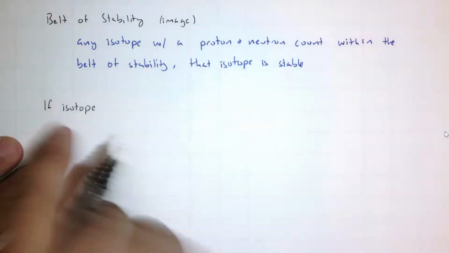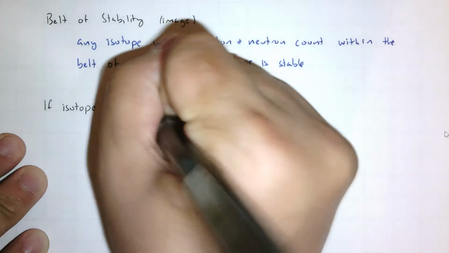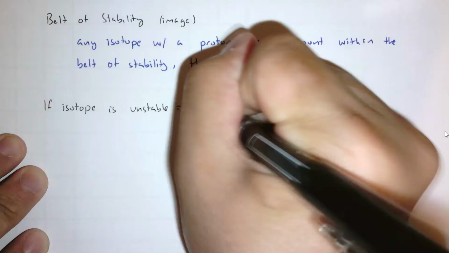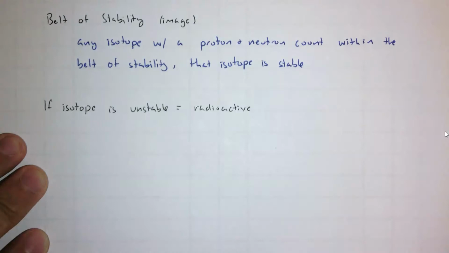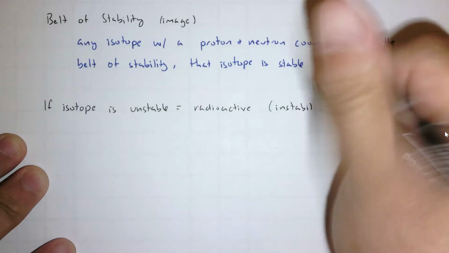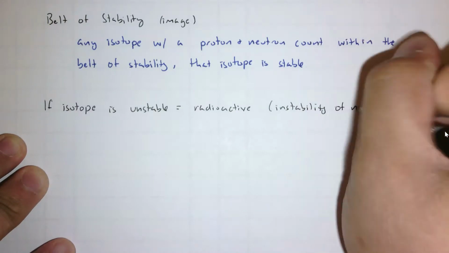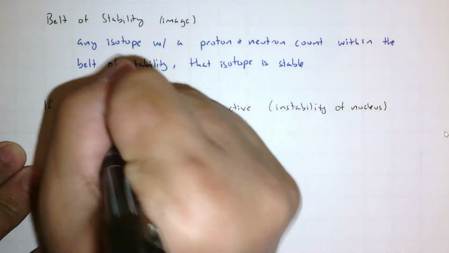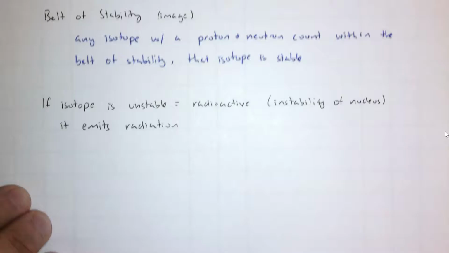But let's not worry about half-life. If an isotope is unstable, and for now we're going to make that synonymous with radioactive, there's instability in the nucleus. It's going to emit radiation. Let me show you 3 types of radiation.